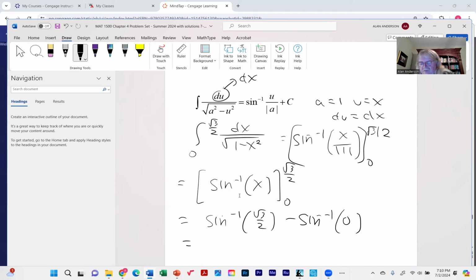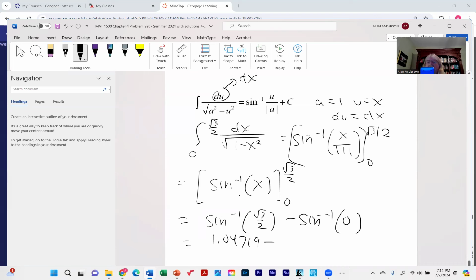We're going to have to be careful entering this one. Hold on 1 second. Ooh, I got 1.04719, whatever that is.